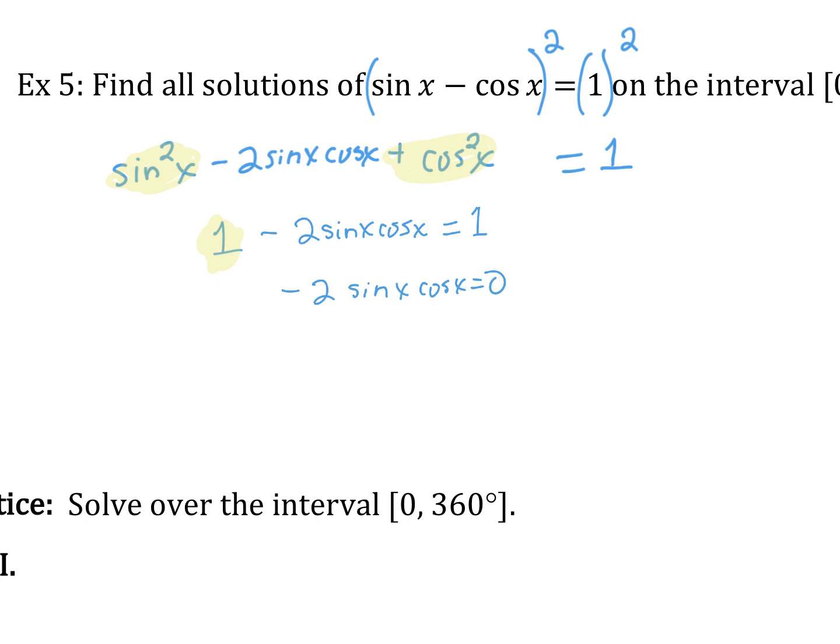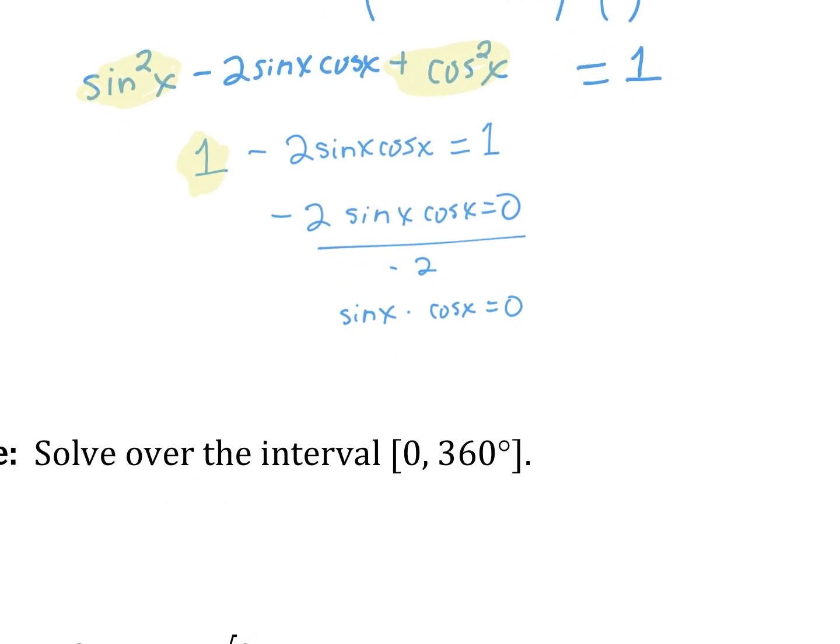So let's go ahead and divide by that -2. So we get that sine x times cosine x is equal to 0. So we have 2 different factors that are multiplying to get us 0. So that means we're looking at where sine of x is equal to 0 and where cosine of x is equal to 0.